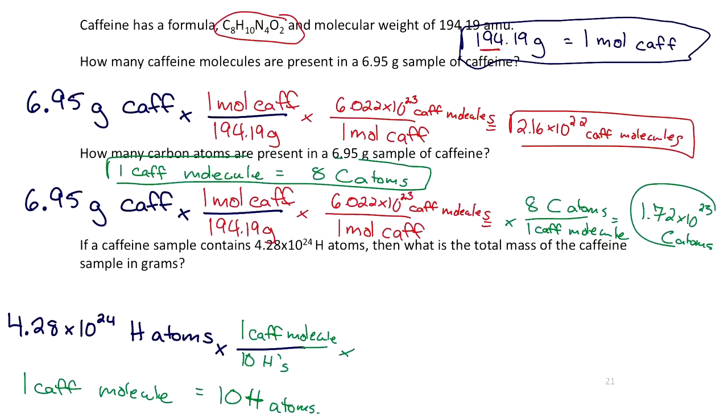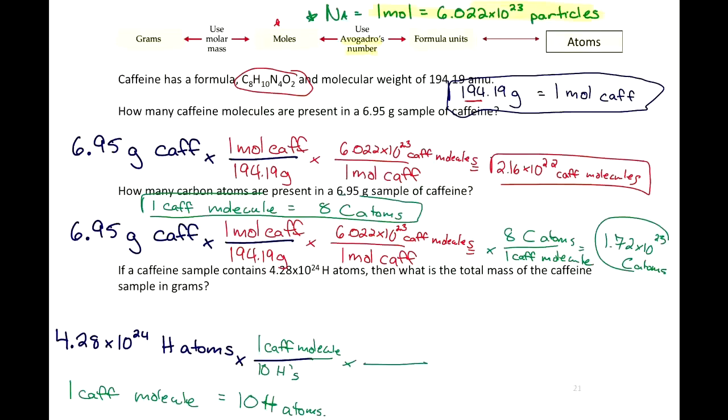So I'm going to convert this to moles first. That's easier for me. So I'm going to use Avogadro's number. But this time, where am I putting the 6.022? On the top or the bottom? This time it goes on the bottom, because I'm actually in molecules and I want to convert to full-blown moles. So 1 mole goes on the top, and then 6.022 times 10 to the 23 goes on the bottom.